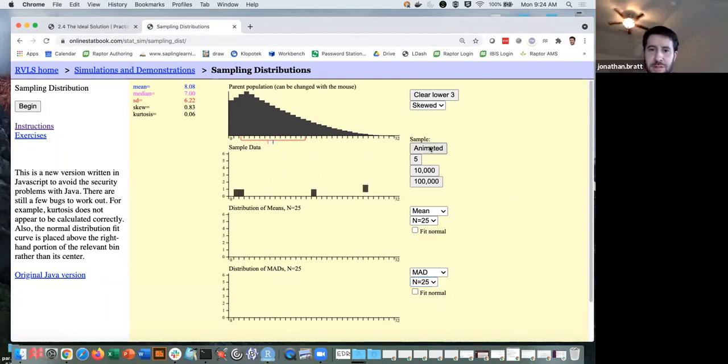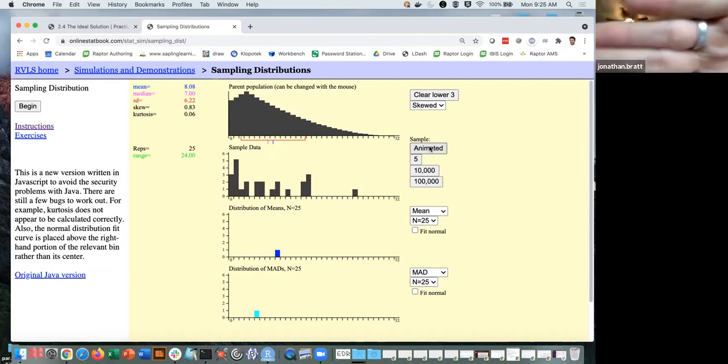So I'm drawing a sample from the population and calculating the mean of that sample. And then I'm drawing another sample of 25 and calculating the MAD for that sample. In practice, I'd probably calculate the mean and the MAD in the same sample, but the demo is doing two separate polls.